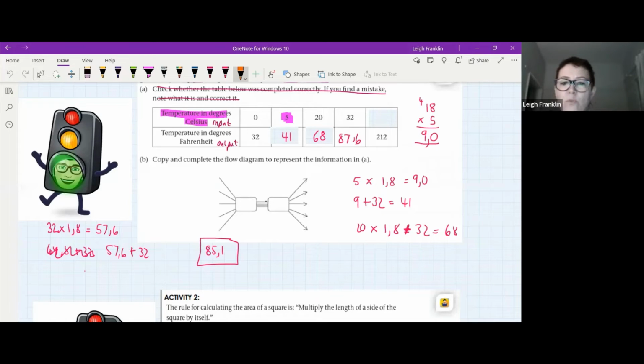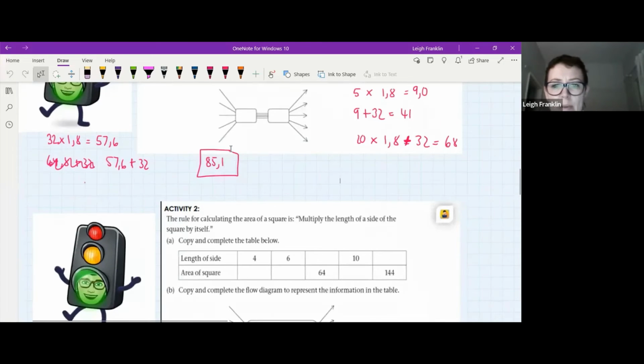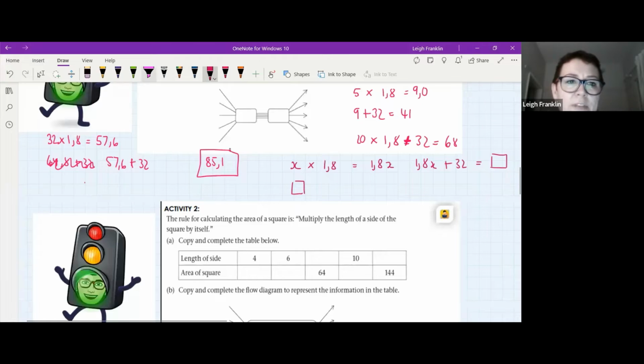So in other words, if we have an input number, let's use X as our input. If X goes in and we times it by 1,8, we end up with 1,8x. And then we take this 1,8x and we add 32, and we end up with an output. When we want to reverse this process, if we start with our output, the first thing that we have to undo is the adding of 32.